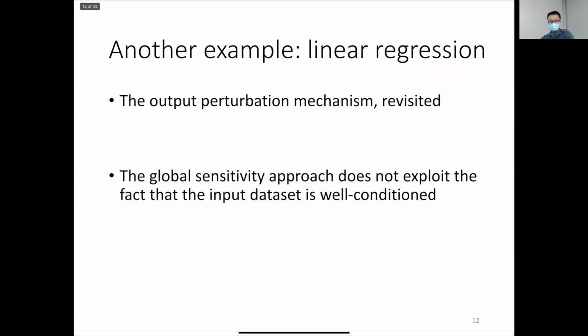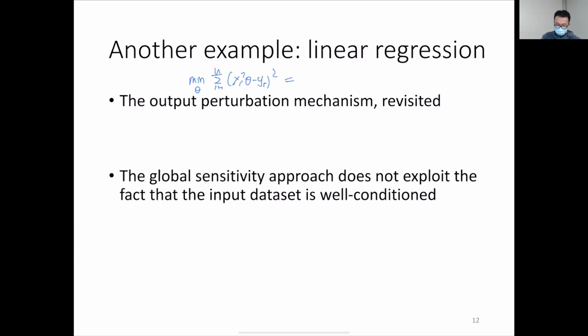Okay, so let me give you another example that we've already seen. Say linear regression. So what is linear regression? Basically we try to minimize over this theta parameter the sum of the square losses of the individual data points. So that's linear regression.